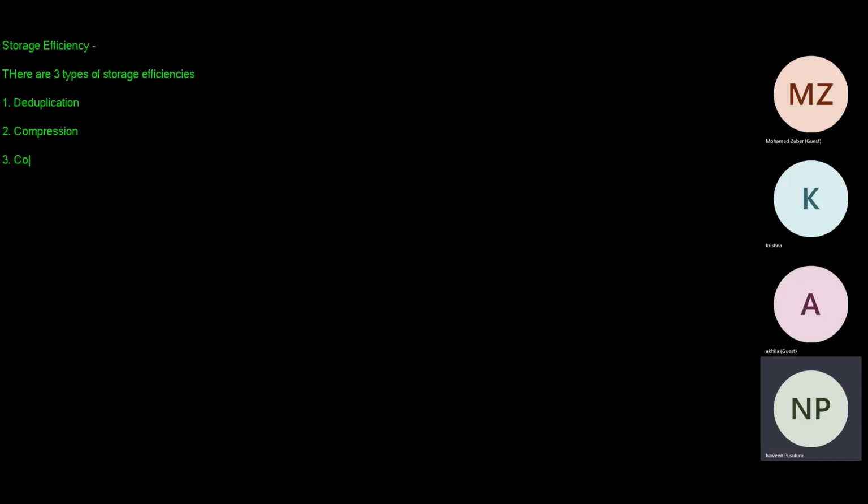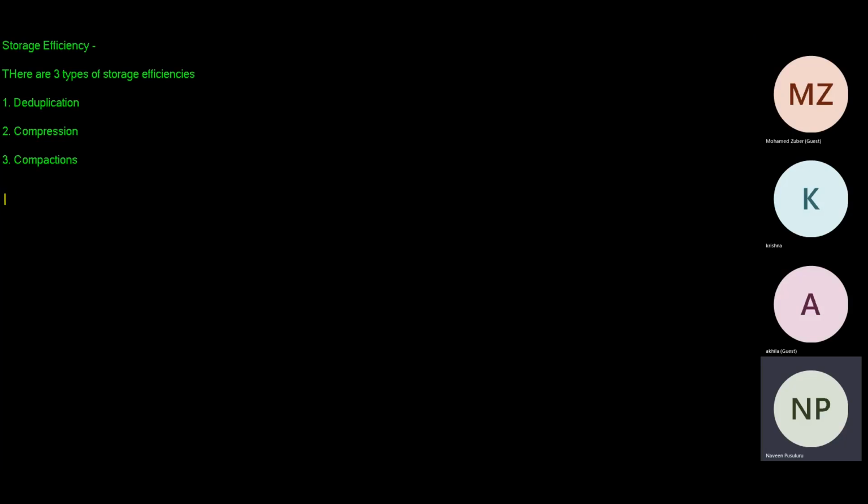Third one is compaction. Okay, these three are the storage efficiency techniques available to us. We have not discussed them, right? Yes, so we'll talk about them one by one, like how they work.